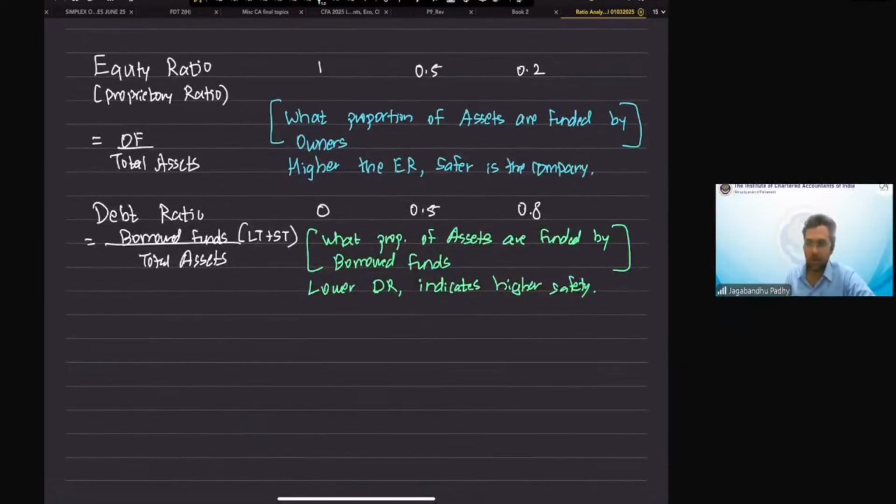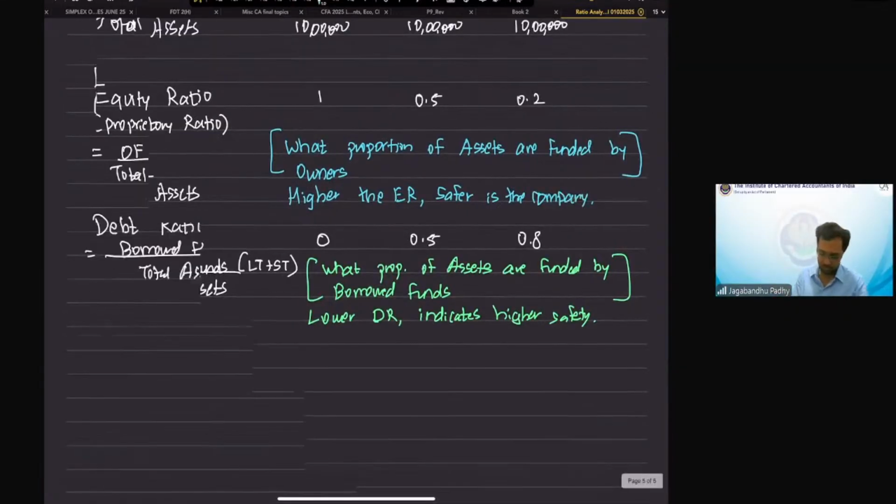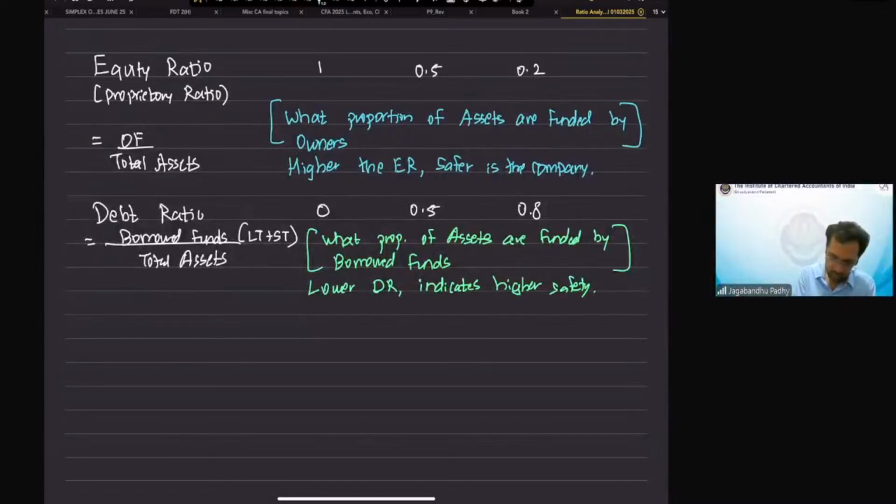Then next one, we were looking at equity and debt with regards to the total assets that you have got. Now we are looking at the relative comparison between both, which is the debt equity ratio.